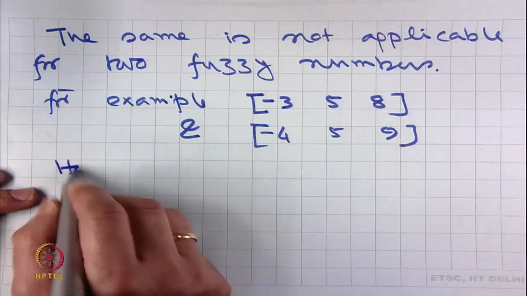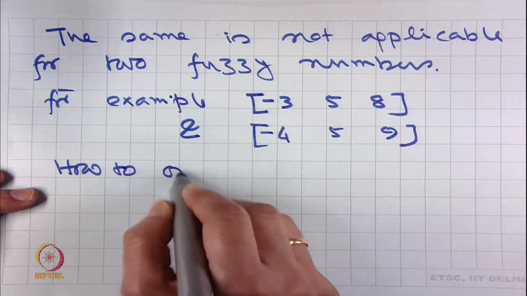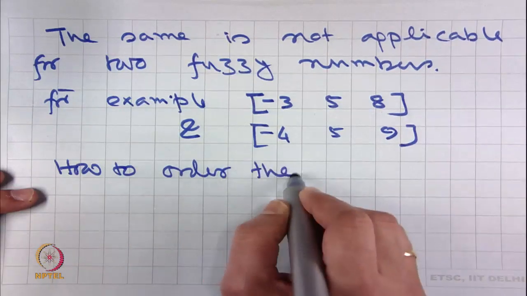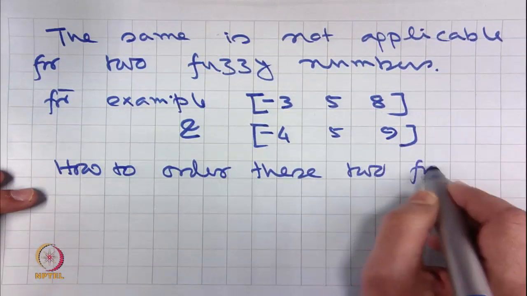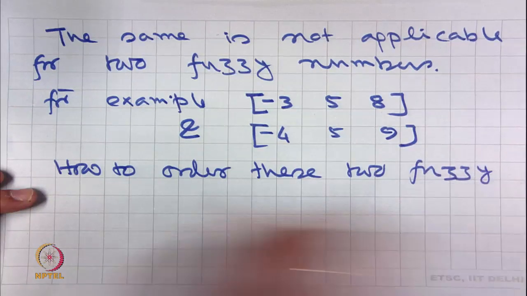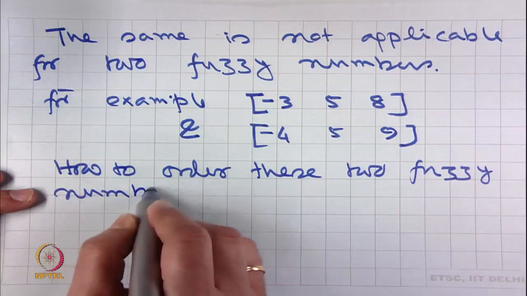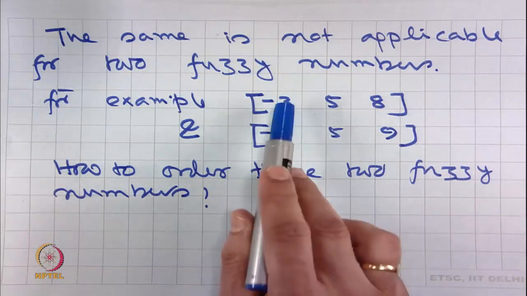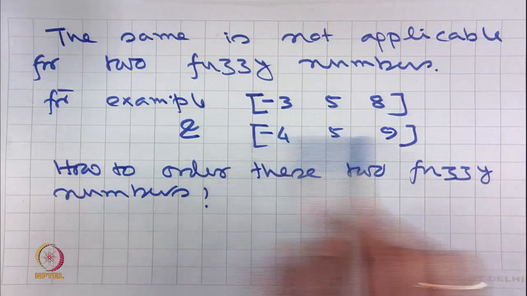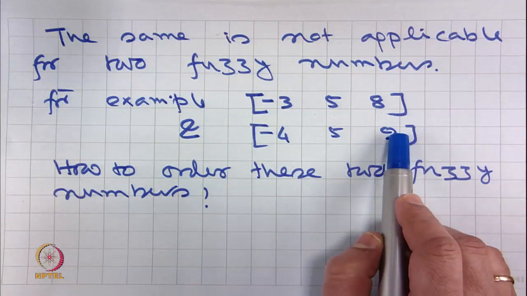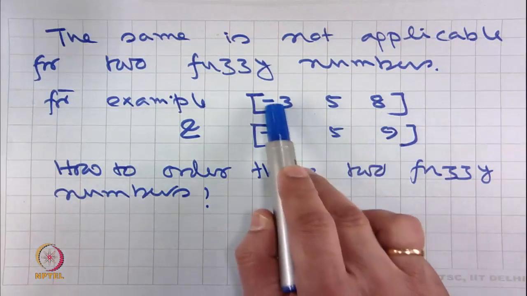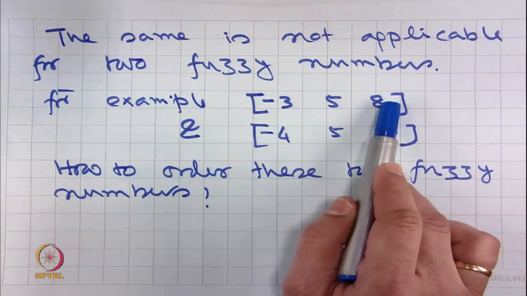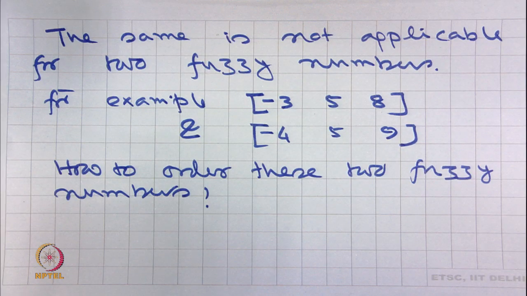How to order these two fuzzy numbers? It is difficult because on the left hand side this is smaller, on the right hand side, this is larger. So, it has a much bigger support compared to this, and both of them have the same modal value. So, it is very difficult to order them as such.